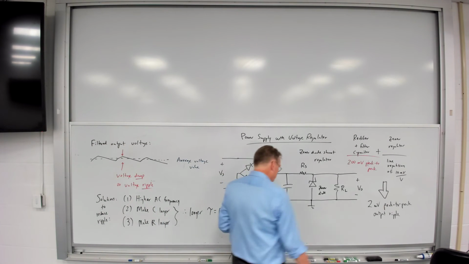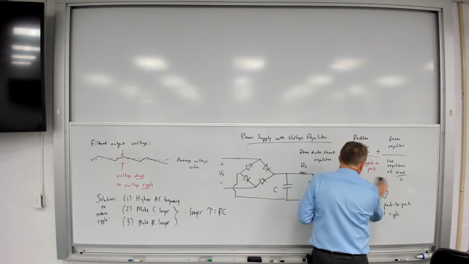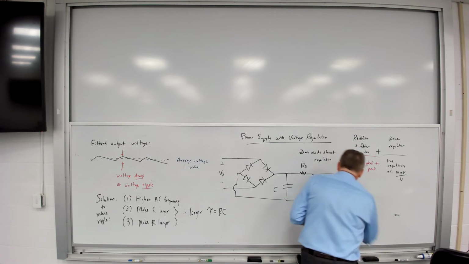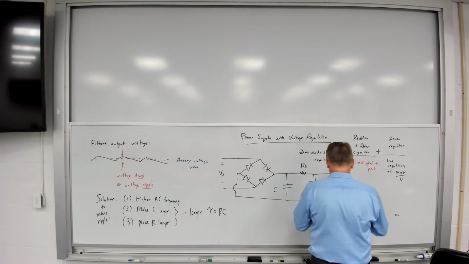Why can't I just take this and do this? I'm going to separate that RL resistor, and instead I'm going to do this.